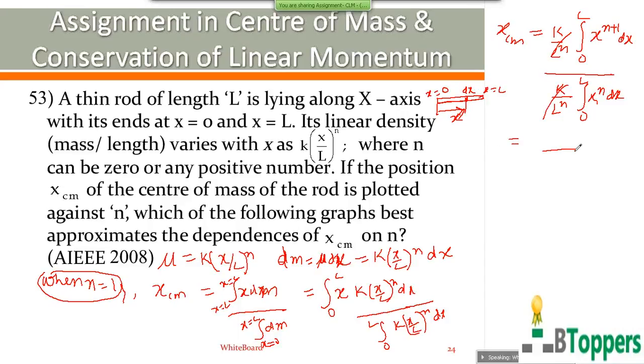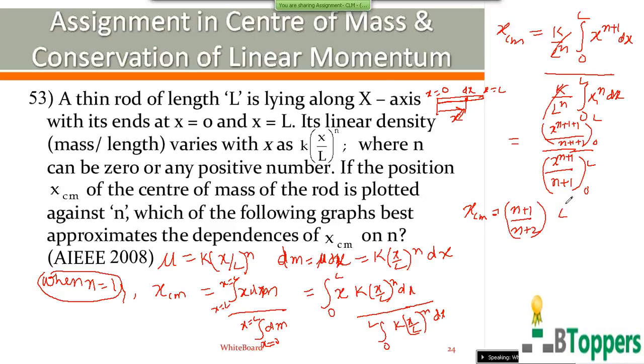Integral of x power n dx you can write x power n plus 1 by n plus 1 from 0 to L. Same way in the numerator you can write x power n plus 2 by n plus 2 from 0 to L. So you get XCM equal to n plus 1 by n plus 2, L power n plus 2 divided by L power n plus 1, if you apply the limits.